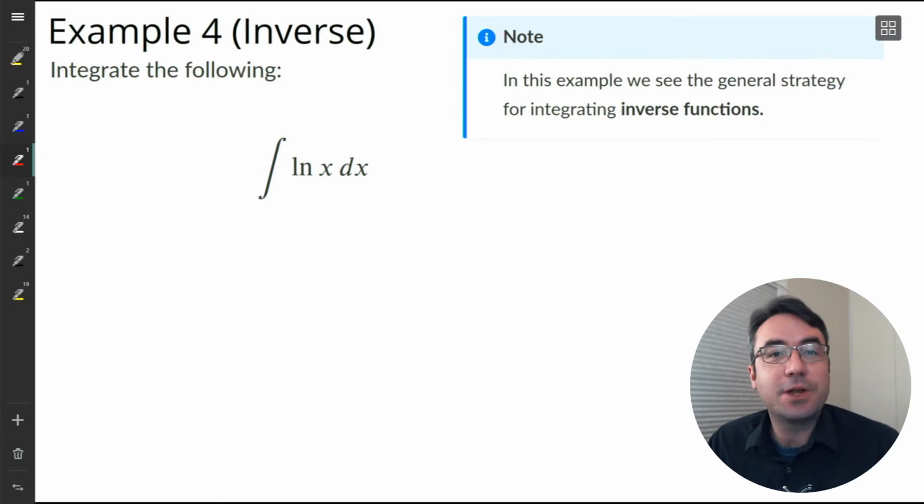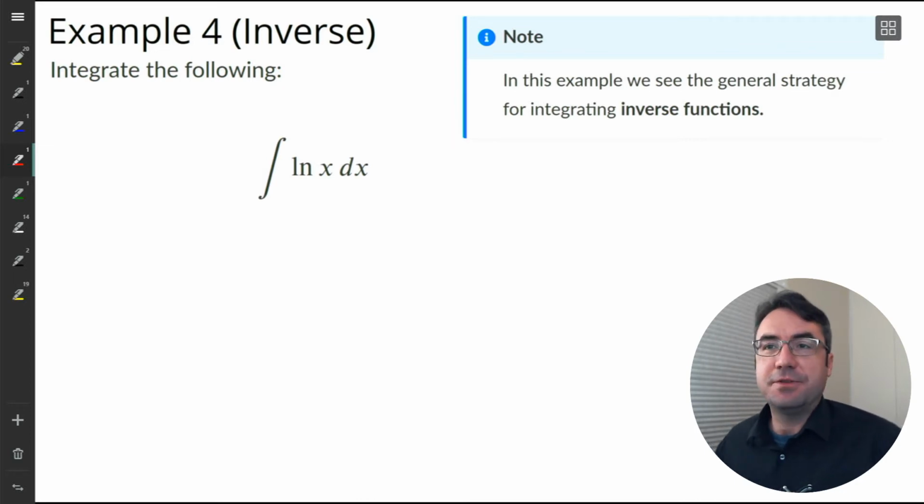So we're going to use integration by parts here to integrate natural log x, something that looks like we should have been able to do already, but we haven't. If you go back to our list of basic integrals, this one is noticeably absent. So it's kind of surprising. And the reason is because we need integration by parts to be able to do it.